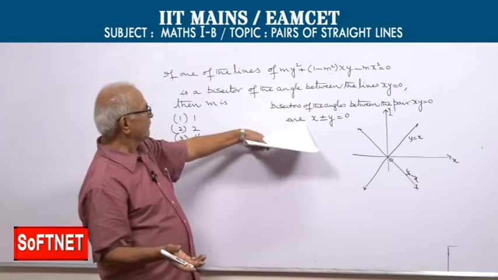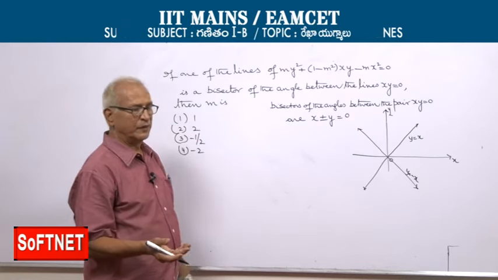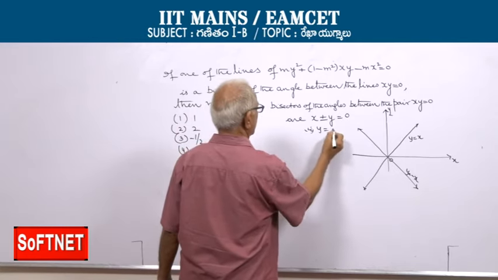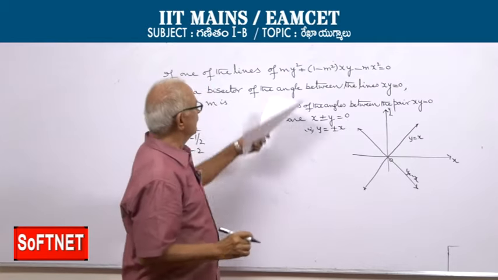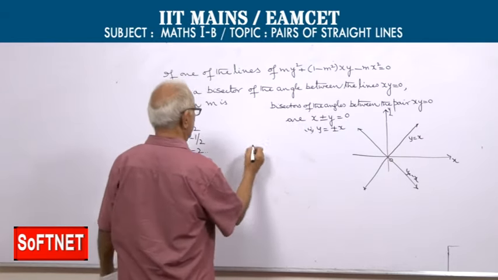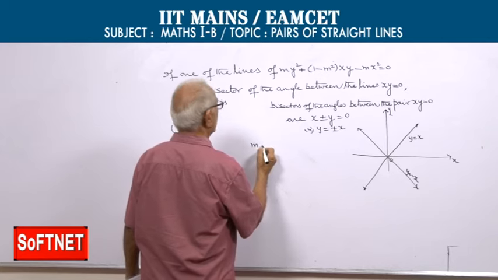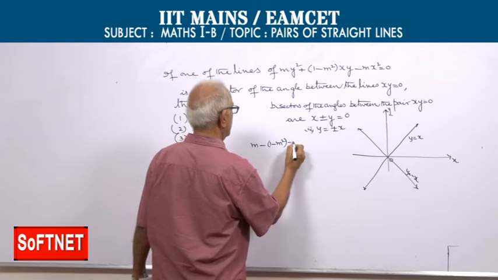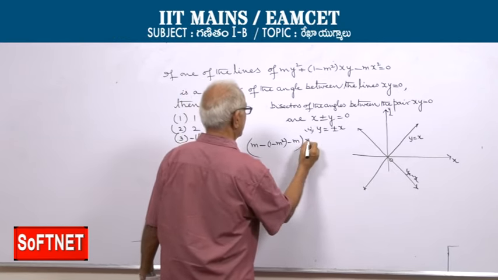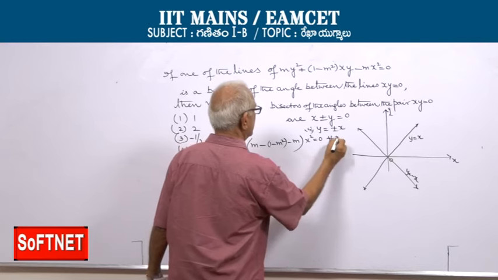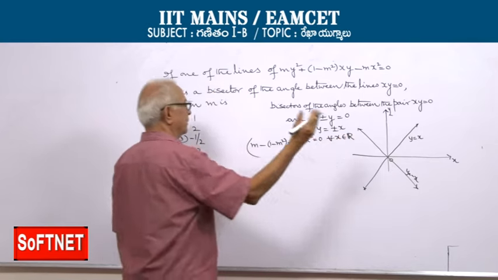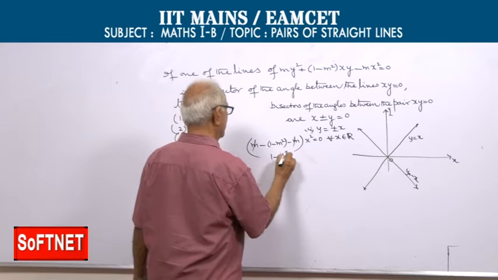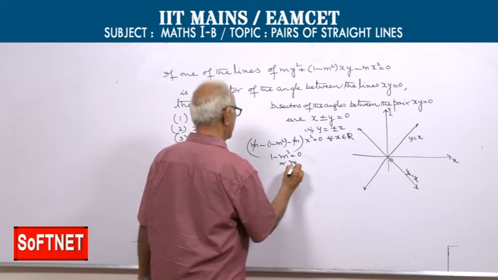One of these lines is given by this equation. That means y can be plus or minus x. When you replace y by plus or minus x here, m into x square equal to 0 for all x. Because there are many points on the line, which means m and m will cancel out, 1 minus m square equal to 0 or m equal to plus or minus 1.